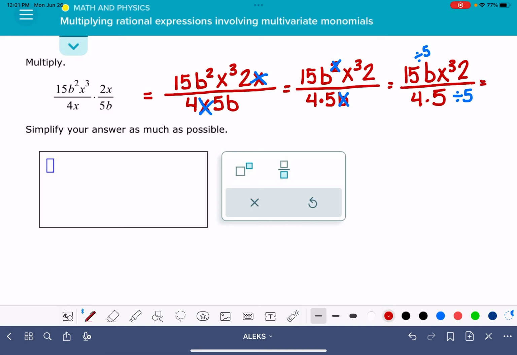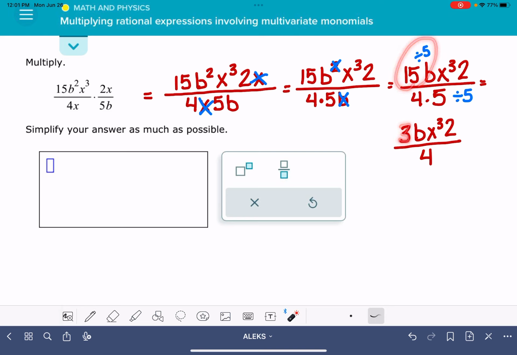That's going to simplify the 15 to 3, 3bx cubed 2. 15 divided by 5 is 3, bx cubed 2. And then down in my denominator, the 5 divided by 5 is going to cancel, and that leaves me with 4.